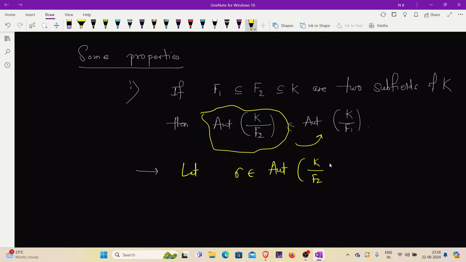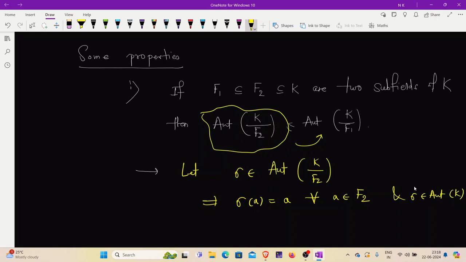So this clearly means that sigma is an automorphism of K and it fixes F2, right? So this implies sigma of a equal to a for all a belongs to F2, because sigma is an automorphism of K over F2, that means it fixes F2, and sigma belongs to Aut of K.